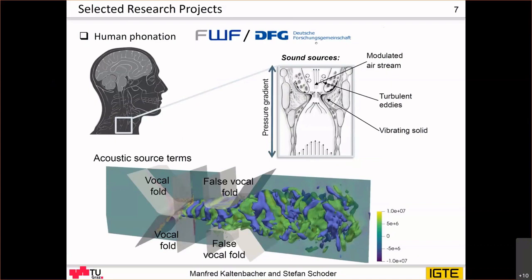And due to the pressure difference we have an air stream, and the air stream acts on the vocal folds, so the Stimmlippen, and they start to oscillate. And due to these oscillations, you have periodically closing and opening for the air stream here, which means you will have strong turbulences in downstream direction.